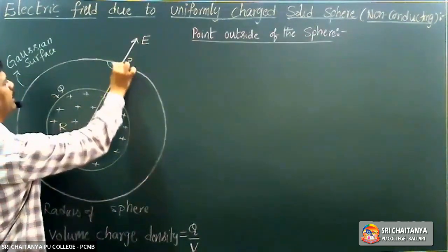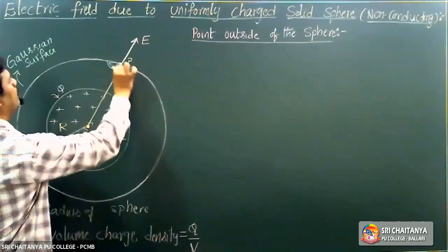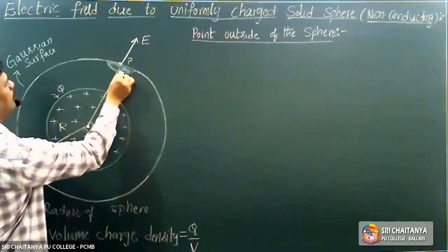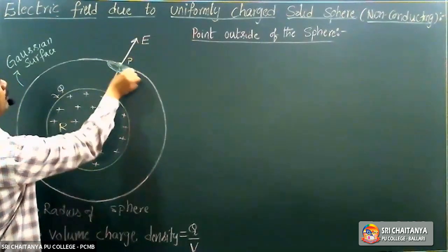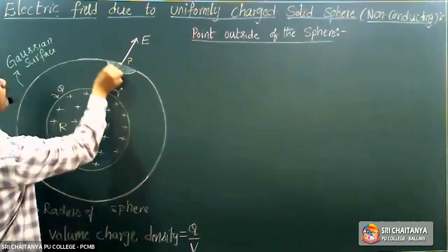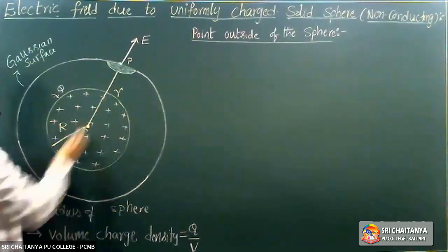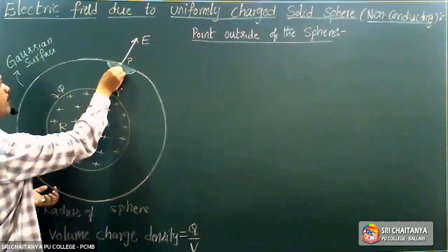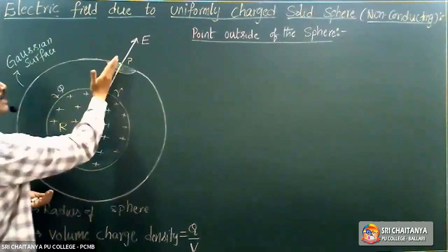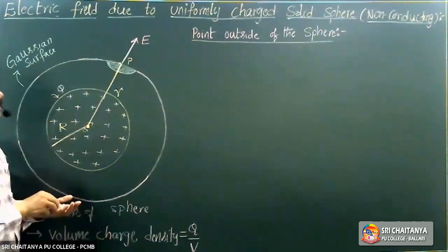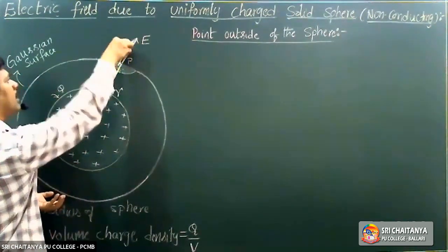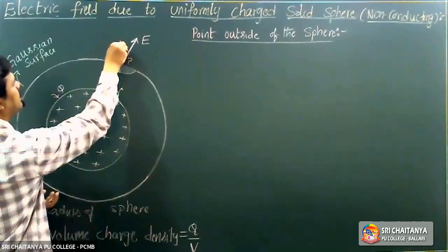Once the element is taken, draw its area vector, which is perpendicular to that surface element.